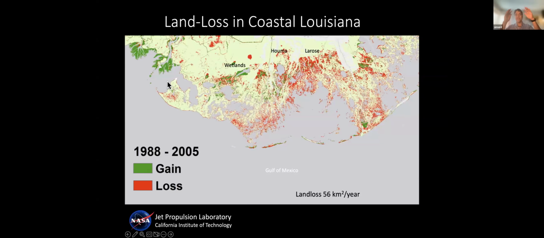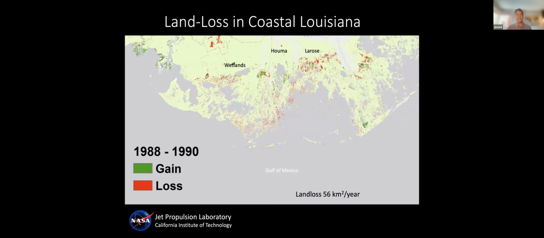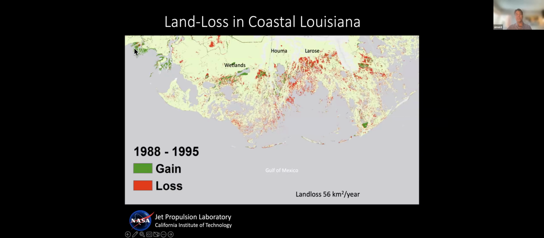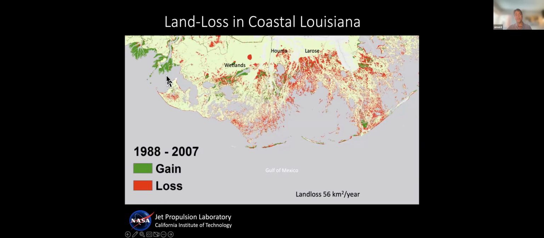The Atchafalaya is a deviation from the Mississippi River, and it takes about 30% of the Mississippi River water and brings it into this area here. All the sediments are dumped here, and you can see building of land in this particular area.